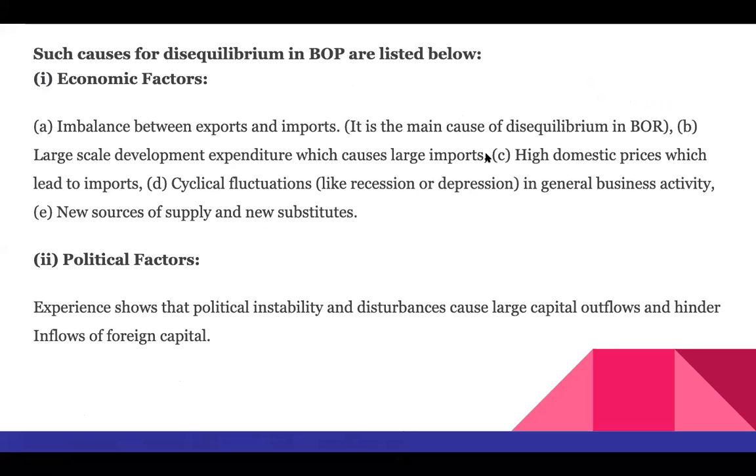When you import more, you're paying more to outsiders, and when you export less, you receive less. So that imbalance creates a disequilibrium in your balance of payment. And then there is also large scale development expenditure.